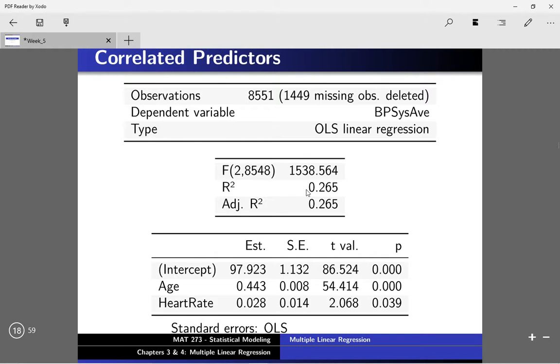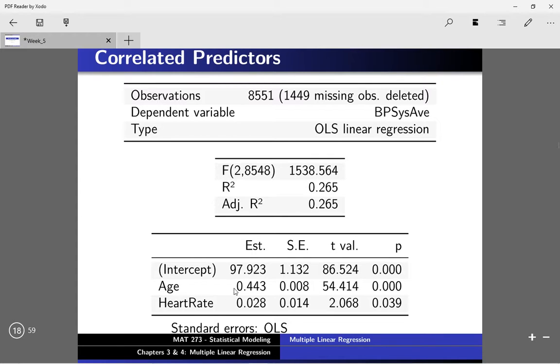And so that's sort of the key thing here, is that the reason the relationship changes based on the output here is because this table is describing, for example, the effect of heart rate after accounting for age of the person. It's not just the relationship between heart rate and blood pressure alone, it's after accounting for age.